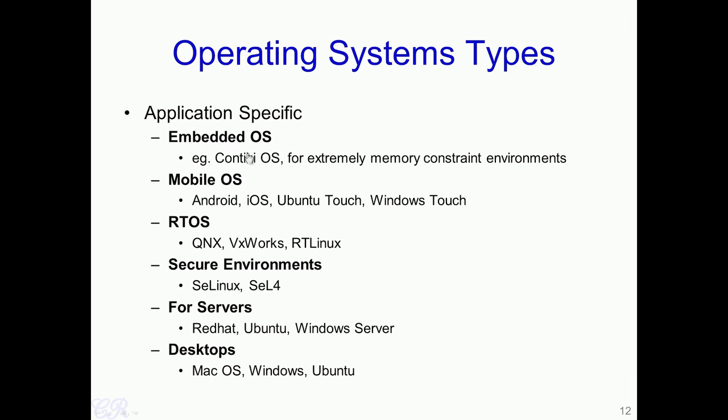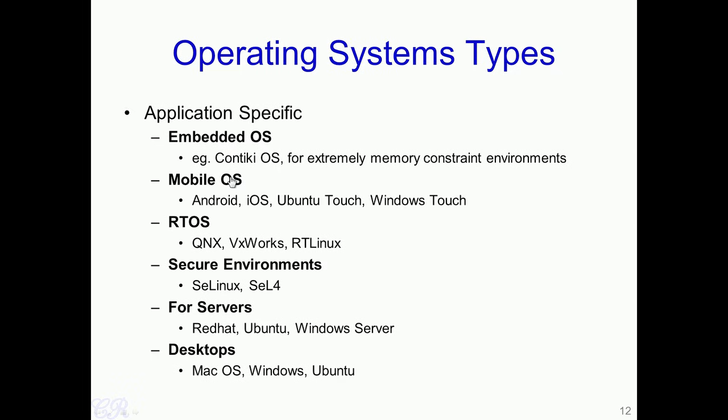For example, the embedded OS such as Contiki OS are designed for memory constrained environments such as wireless sensor nodes that are used in the Internet of Things. Operating systems like the Contiki OS are designed with the power consumption kept in mind. So, these operating systems manage their various resources and also abstract hardware in such a way that the power consumed by the entire system is kept minimum.